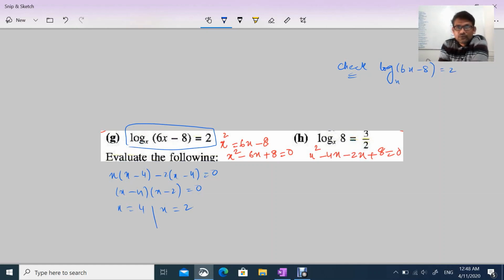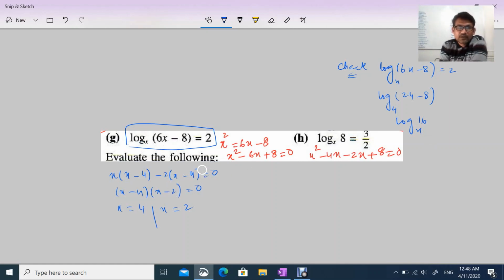When x is 4, 6 times 4 is 24, minus 8 is 16, and the base 4 is positive, and the answer is 16. So there is no problem, this is positive, and when 2 is there, there is also no problem. This is the way you have to check it.